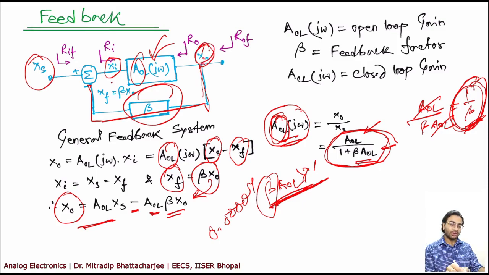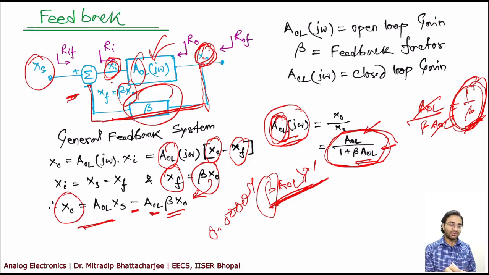Now a portion of X0 is going through this, which is beta X0, and that is getting subtracted because it is negative feedback. It is getting subtracted from Xi. So in the next cycle, your Xi will be a little less. Although your A0L increased, your Xi becomes a little less. So ultimately you will get a more or less constant value of X0.